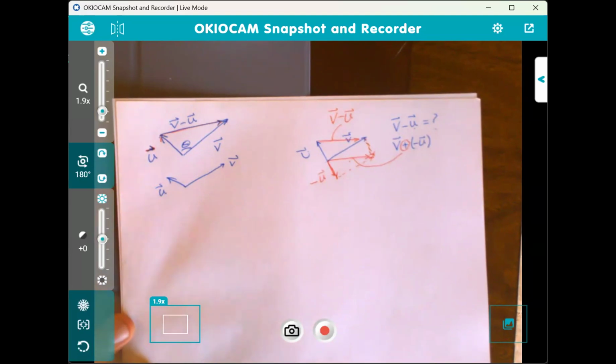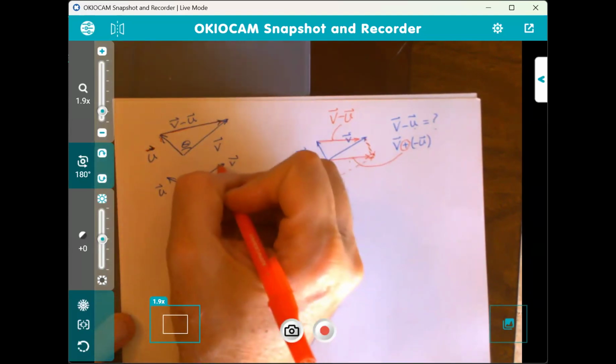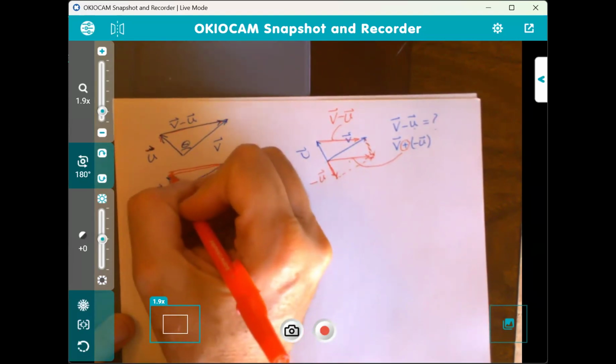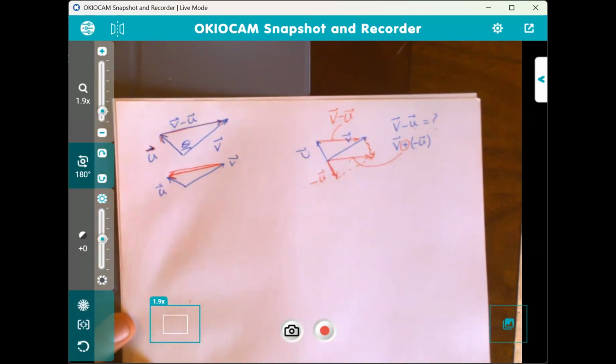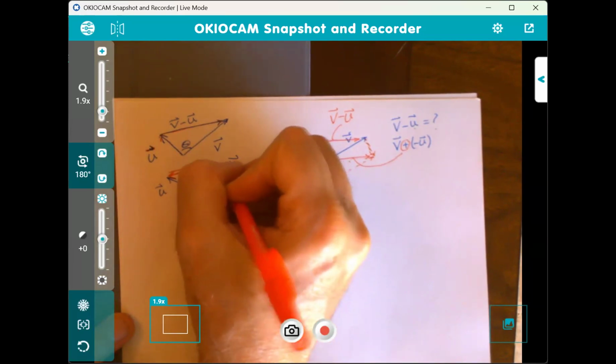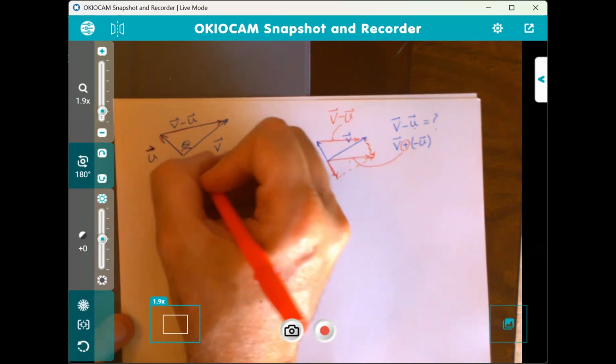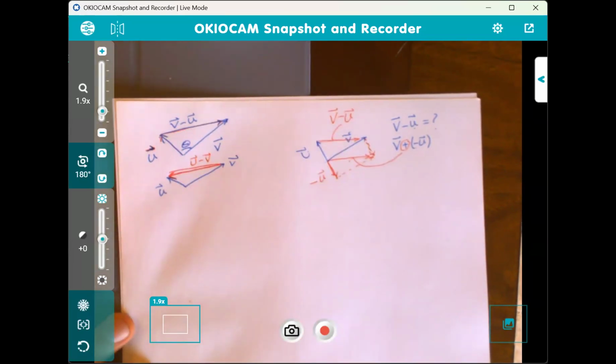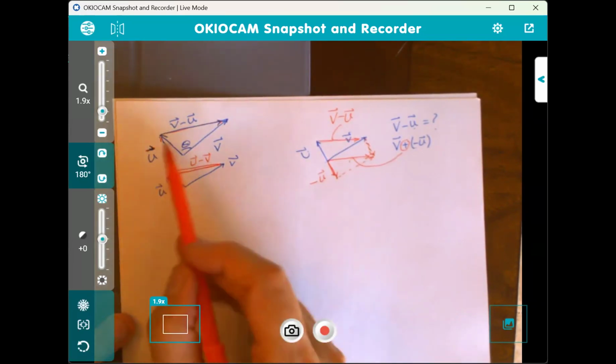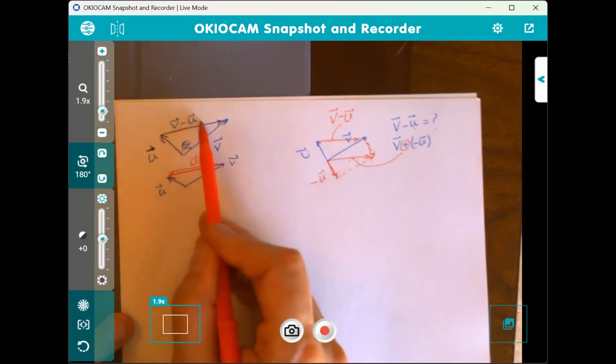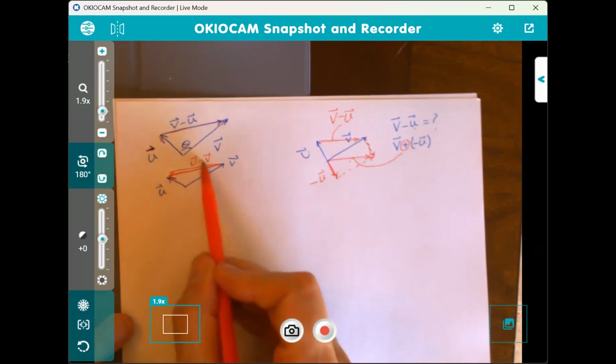If I go from v to u, that's going to be u minus v. So going from u to v is v minus u. Going from v to u is u minus v.